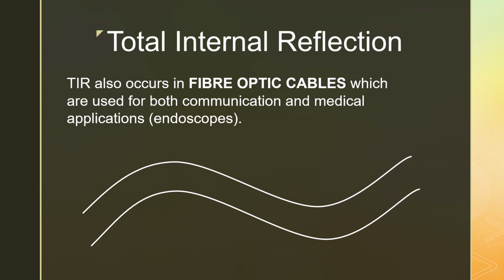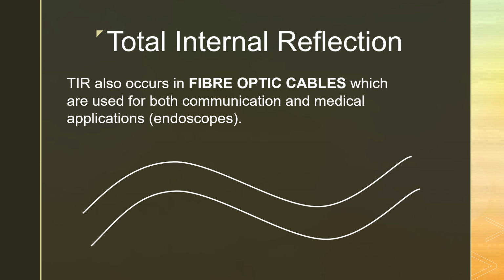The other application that is regularly talked about is with endoscopes. So that's for doing things like pinhole surgery, any kind of inspection inside the body. Doctors can actually insert a camera and then move it around and actually see inside the body using fiber optic cables.